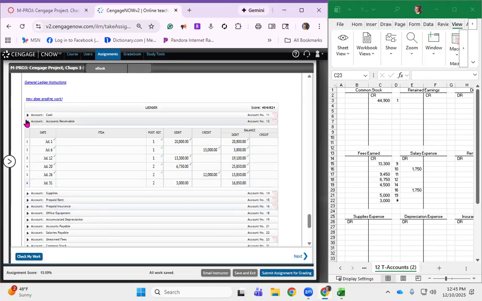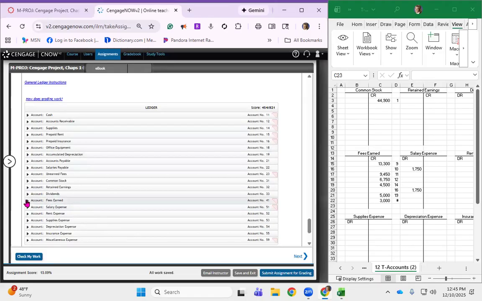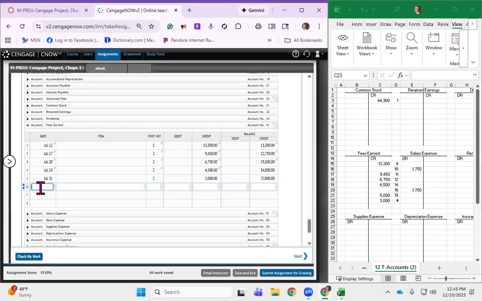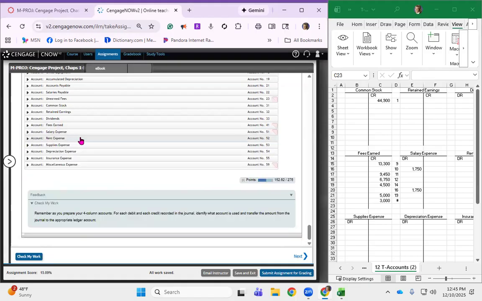All right, now let's go down to fees earned. This should be line 6, July 31st, page 2, $3,000, and we add $3,000 to the total. So now I have 40,000 in fees earned.